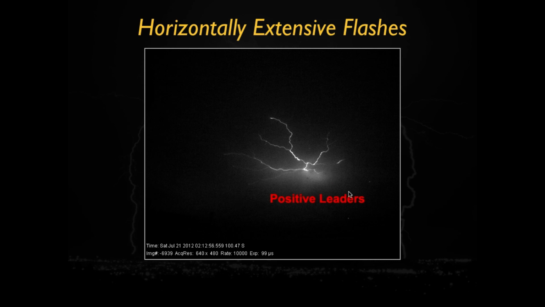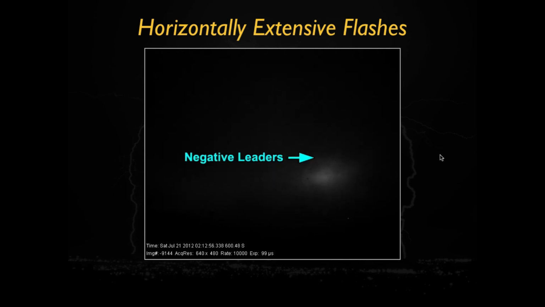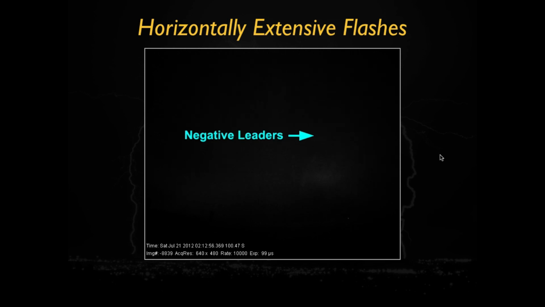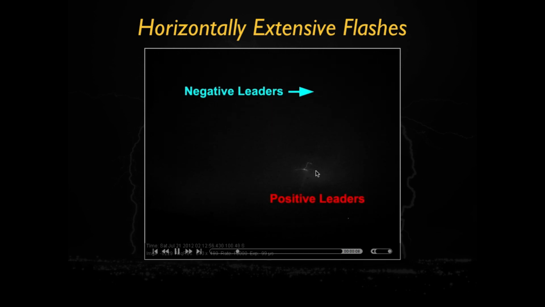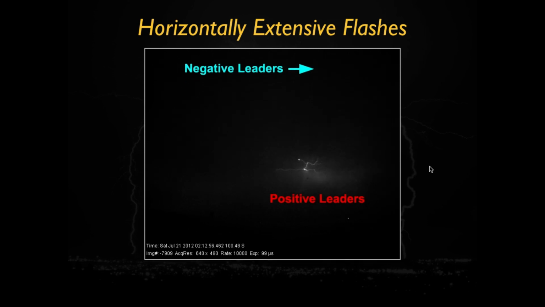This is a very wide angle view of a horizontally extensive flash, or spider or anvil crawler, as some people refer to them. And what you'll see is negative leader development, kind of the pulsing that we see associated with negative leaders that precedes the positive leaders that are trailing behind.